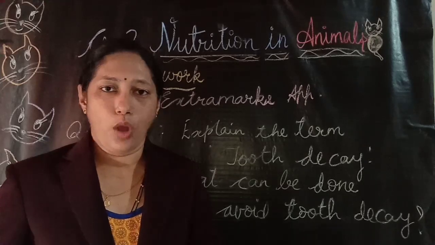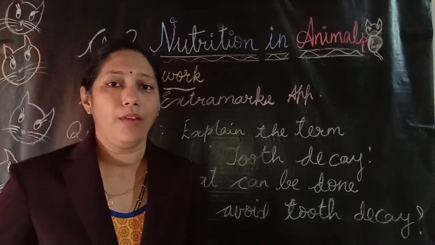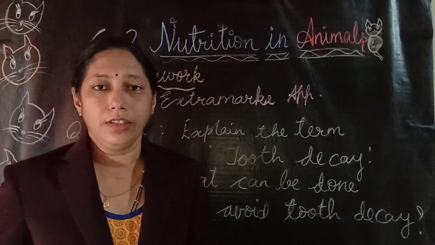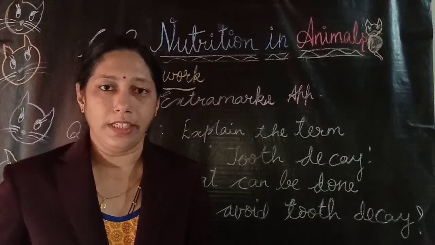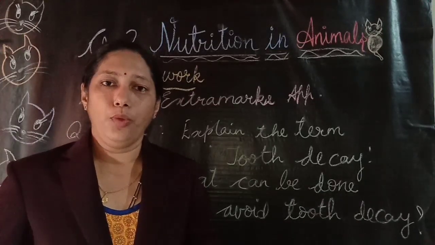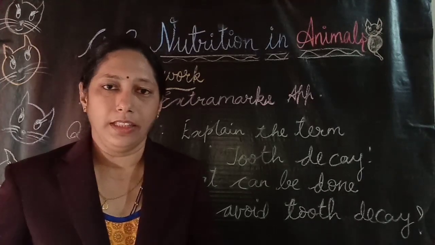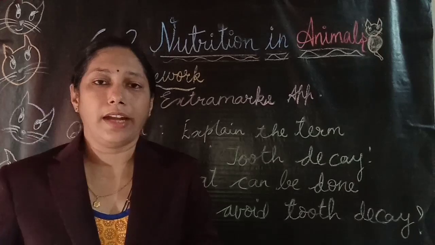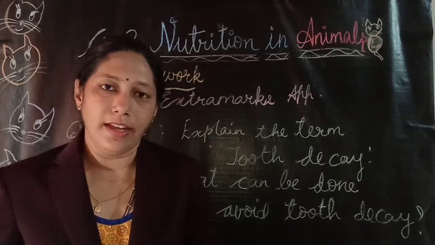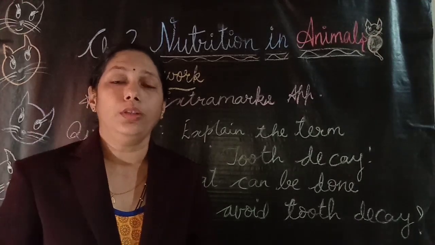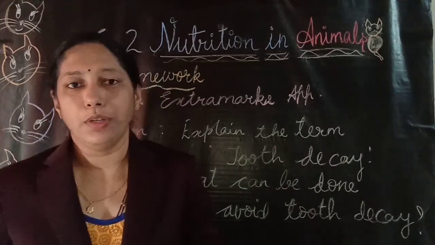Before we start today's topic, we will just recall whatever we have learned till now. We have learned that digestion starts in the mouth itself. When we put the food in the mouth, it is broken down by the teeth and then acted upon by the salivary amylase, and this amylase breaks down the starch into simple sugar.